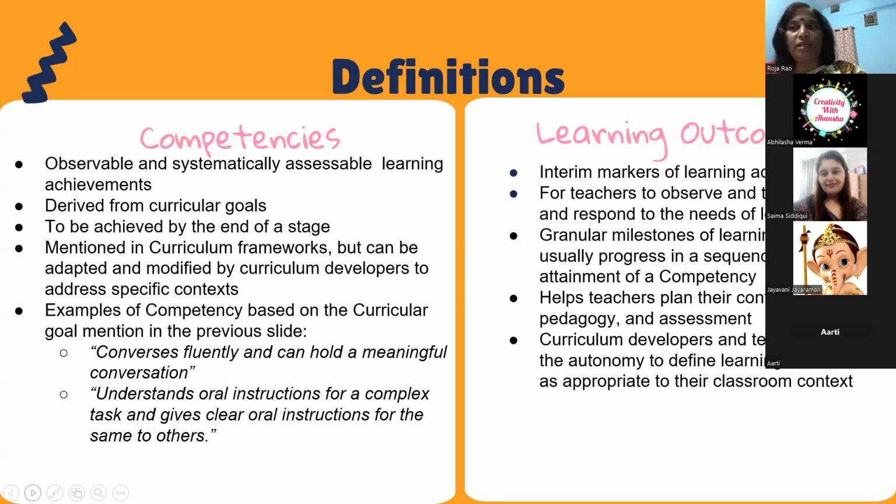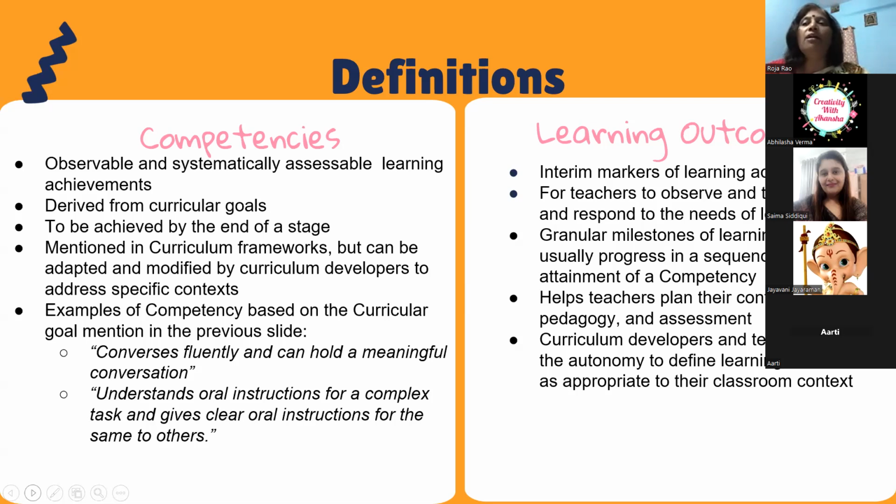These learning outcomes are nothing but the interim markers of learning achievements. And teachers, if they have these interim markers, are easily able to observe and track learning and respond to the needs of the learners.